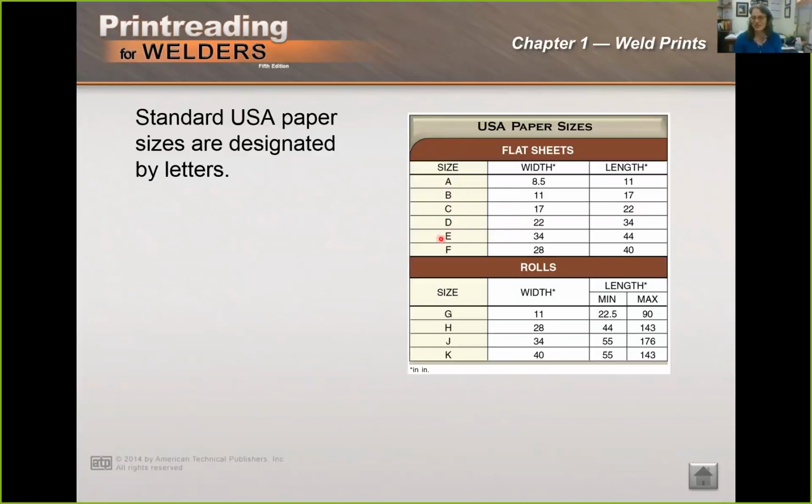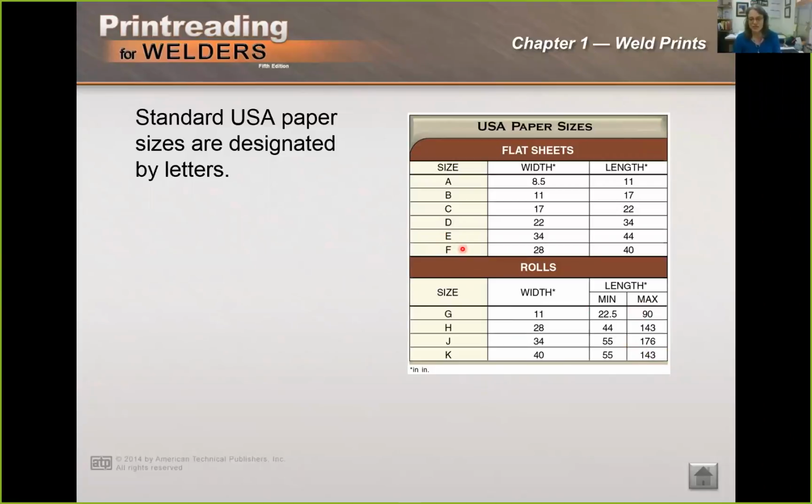A through F generally are flat sheets that you feed into your printer. G, H, J, and K generally are rolls. Actually, often we'll print everything from D up off of a roll stock. With sizes G, H, and K, only their widths are specified, and you can have a length up to 90 inches for a G size and up to 143 inches for a K size.